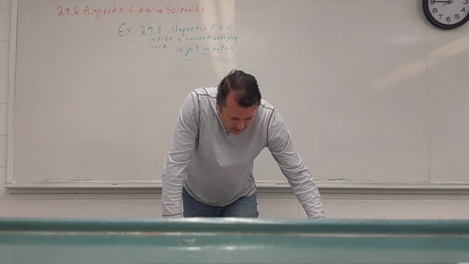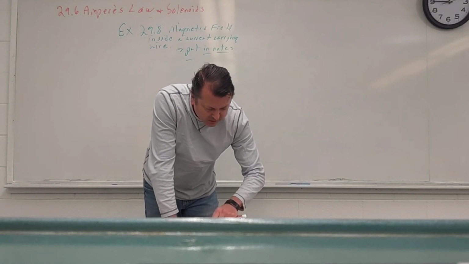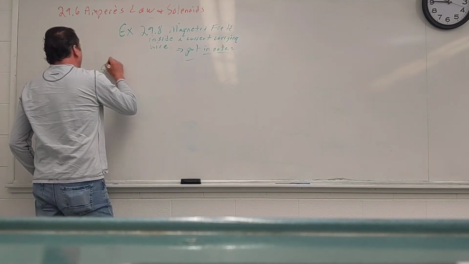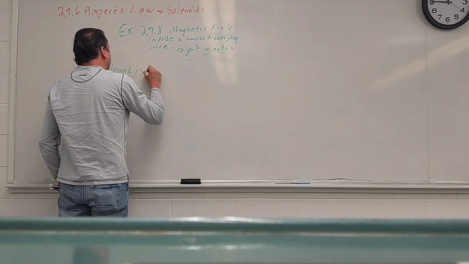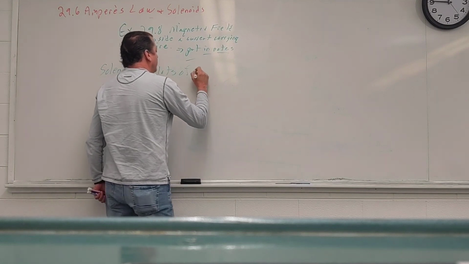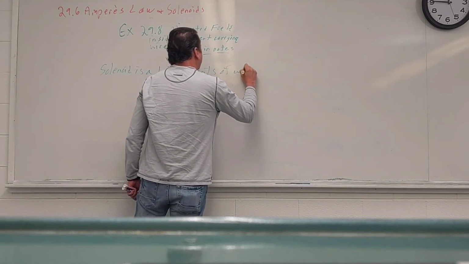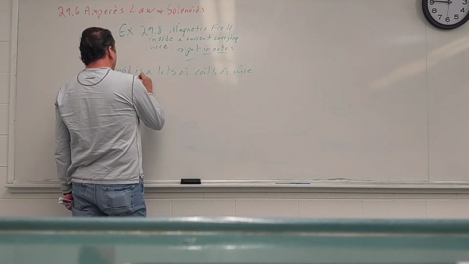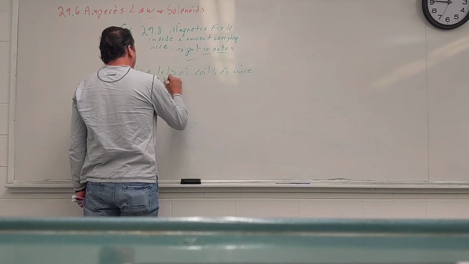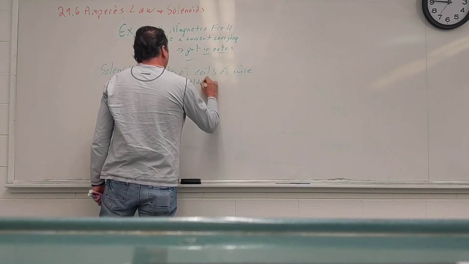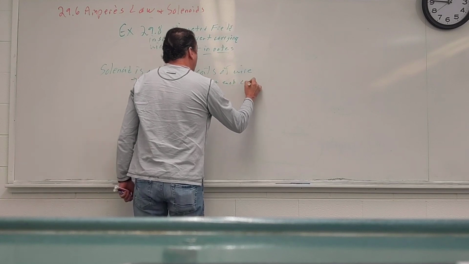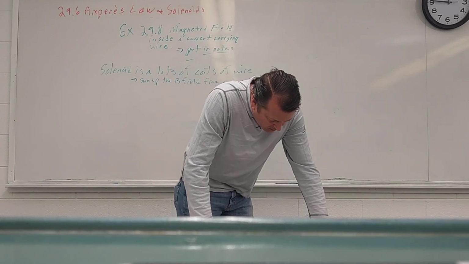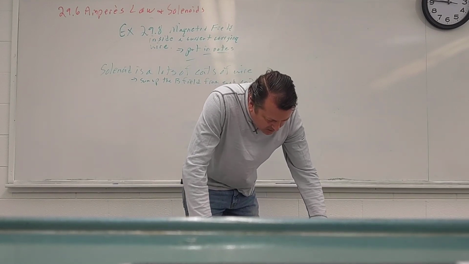Now a solenoid is really just a coil of wire, but it's lots of coils of wire. And if there's lots of them, you want to sum up the B field from each coil. If we do this, let's look at this.